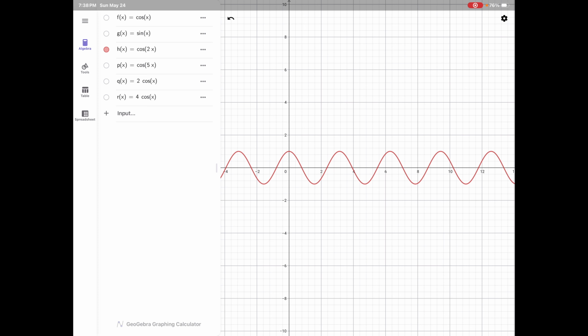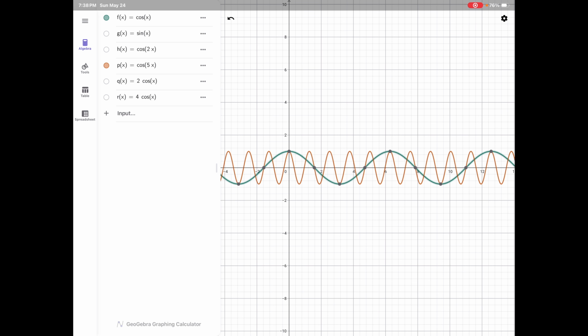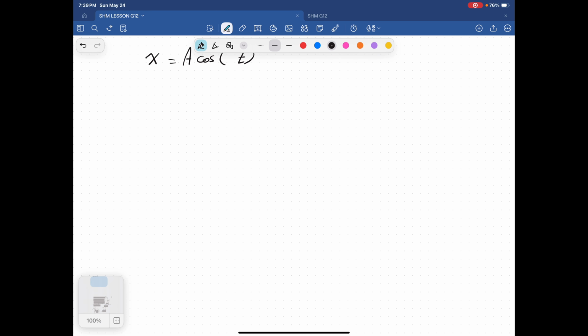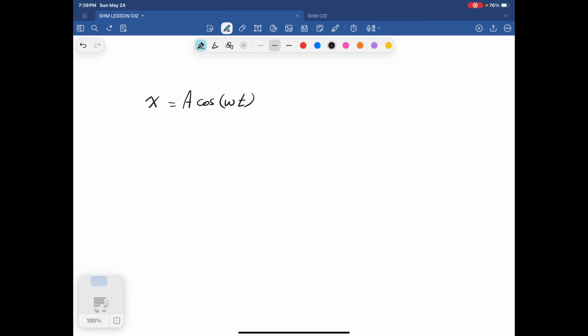And this is cosine 5x, doing a lot of zigzag motion. So the change with time is affected by a certain number put inside the cosine, and we are going to call it cosine wt. We have formed the solution of the mechanical system.